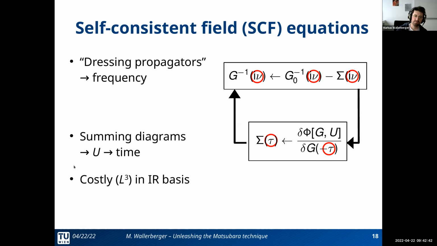It turns out both of these equations are heavily off diagonal in the IR basis and cost about L cubed time to solve. And that's bad. We don't want that. This equation costs L cubed to solve, I should say. This equation may be significantly worse, actually.